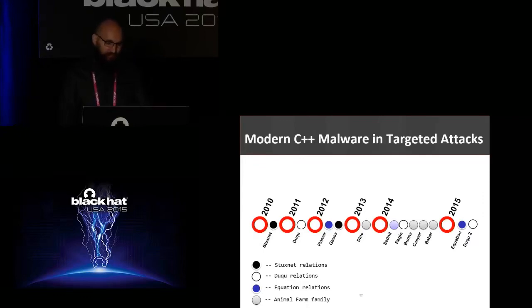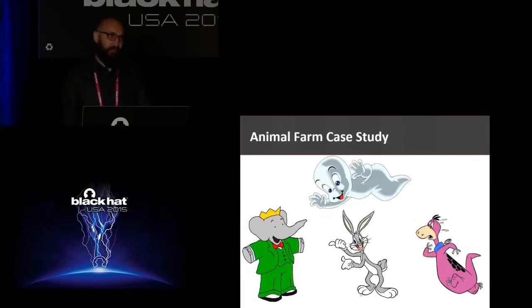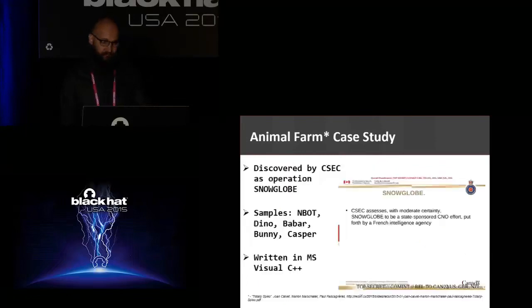It's four samples, and between these samples there are a lot of interesting similarities. A couple of researchers have already analyzed this family deeply, but we found something interesting which was not presented before at other conferences. Here are some references on the researchers.